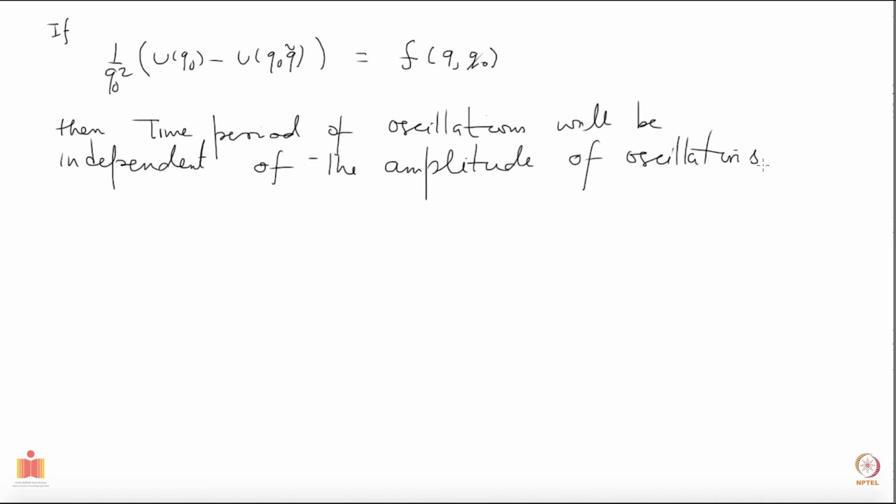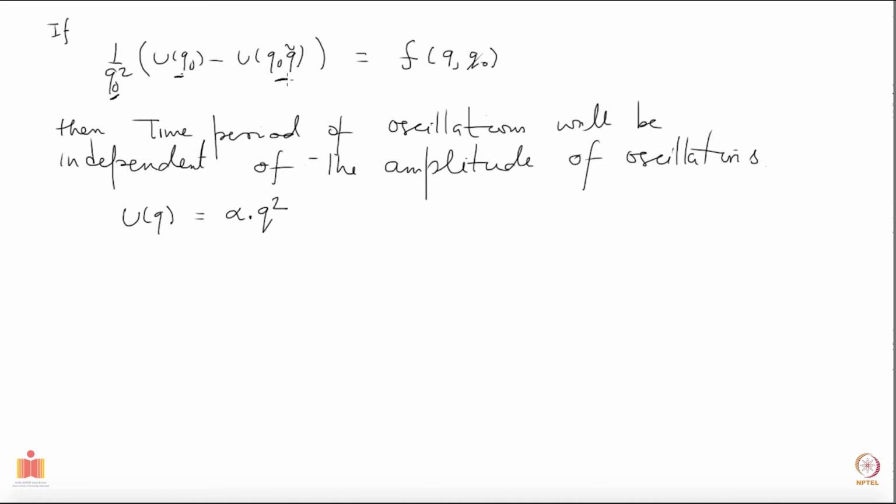Now, for what potential will that happen? Clearly, if I choose U of q to be some constant times q square, then clearly you will have a 1 over q0 square from here. This will be proportional to q naught square.